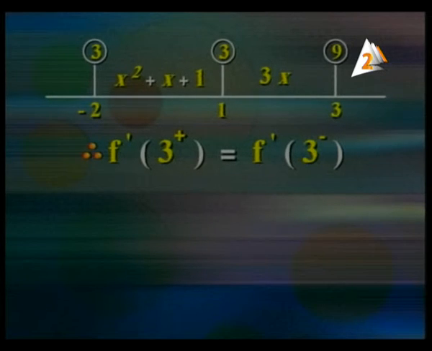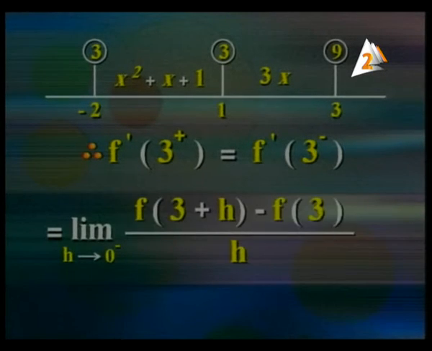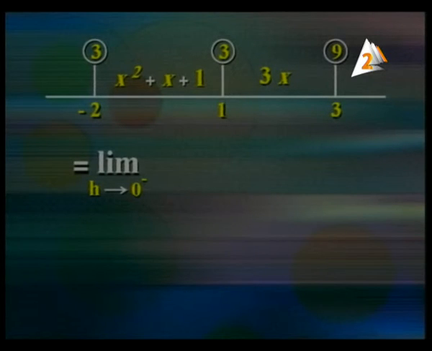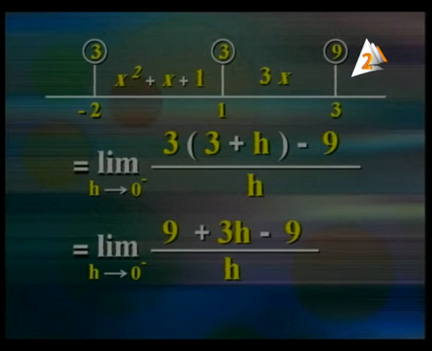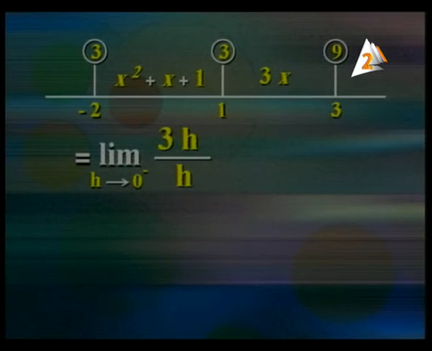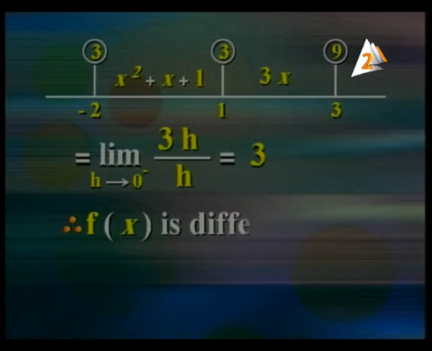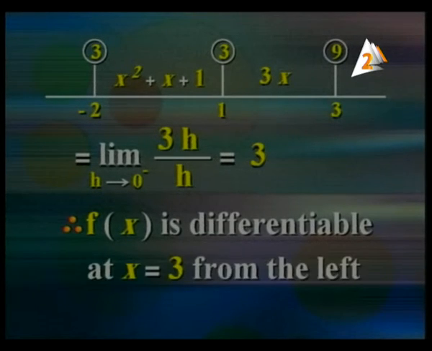Look at f dash of 3 negative: the limit as h tends to 0 negative of f of 3 plus h minus f of 3 over h equals the limit of 3 times 3 plus h minus 9 over h, which is 9 plus 3h minus 9 over h. We simplify: 9 minus 9 equals 0, so it becomes 3h over h, which equals 3. Therefore, dear student, f of x is differentiable at x equals 3 from the left hand side.